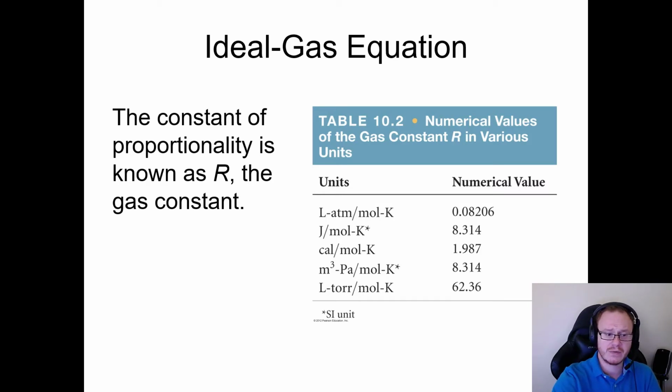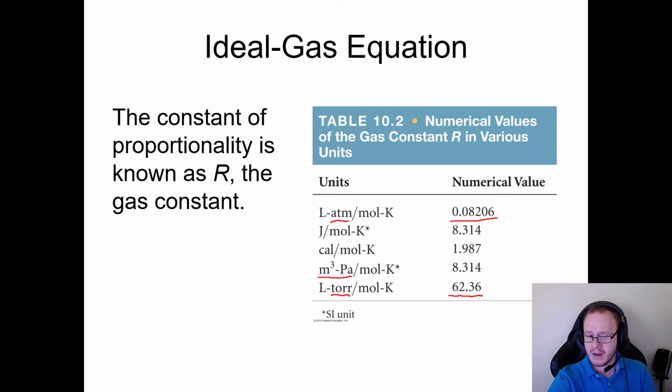Arguably, the most important ones for this unit are the R value that involves atmospheres, 0.08206, the R value that involves torr, also a millimeter of mercury, 62.36, but also the R value that involves a kilopascal.